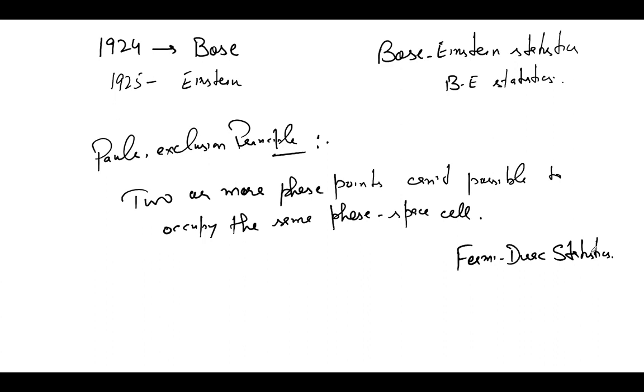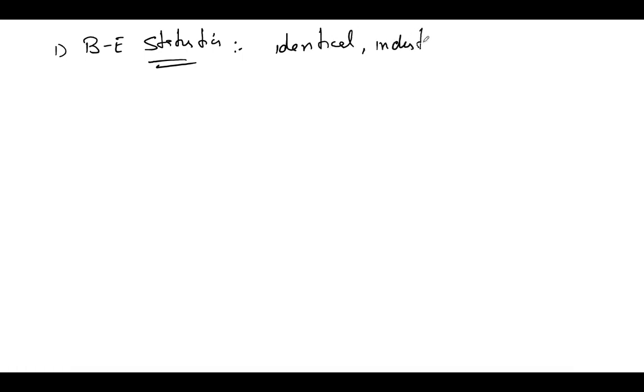Thus quantum statistics can be put into two subclasses. The first one is Bose-Einstein statistics. This is applicable to identical, indistinguishable particles having zero or integral spin.